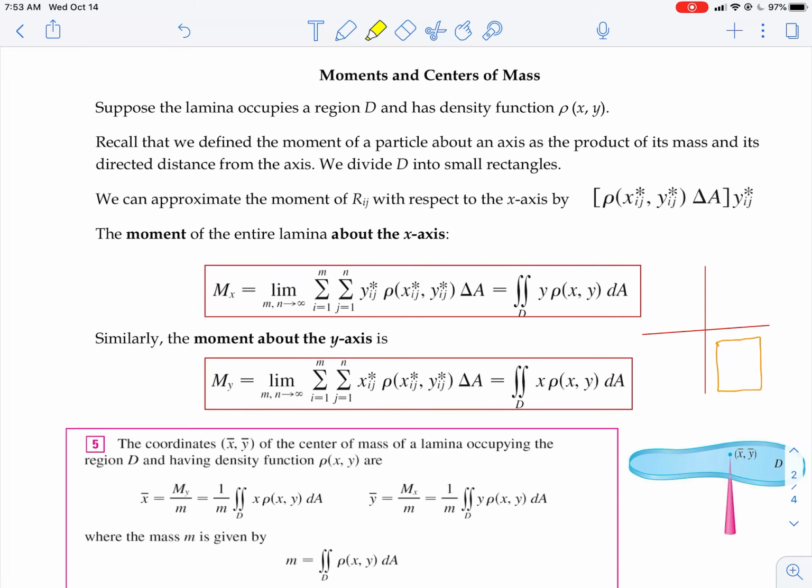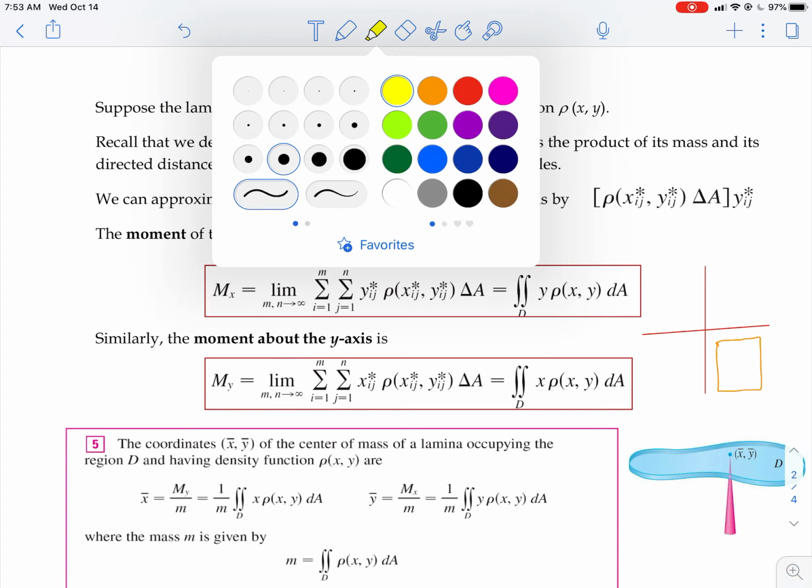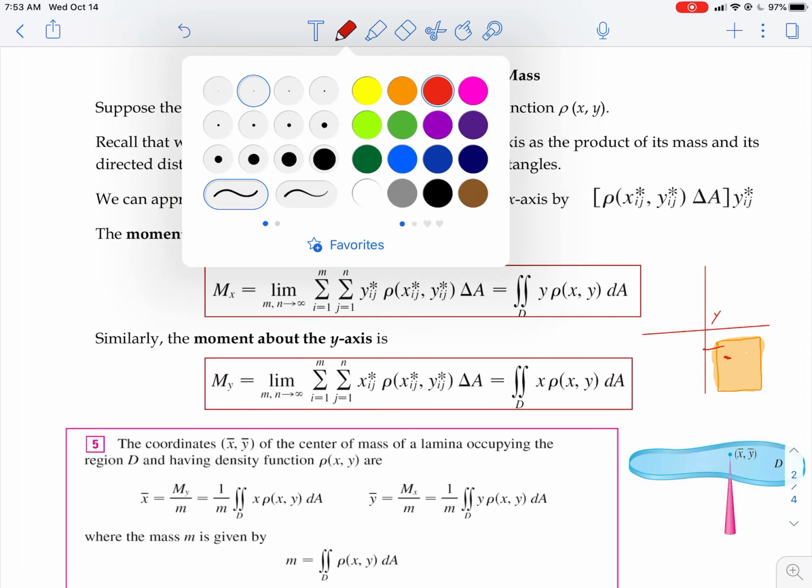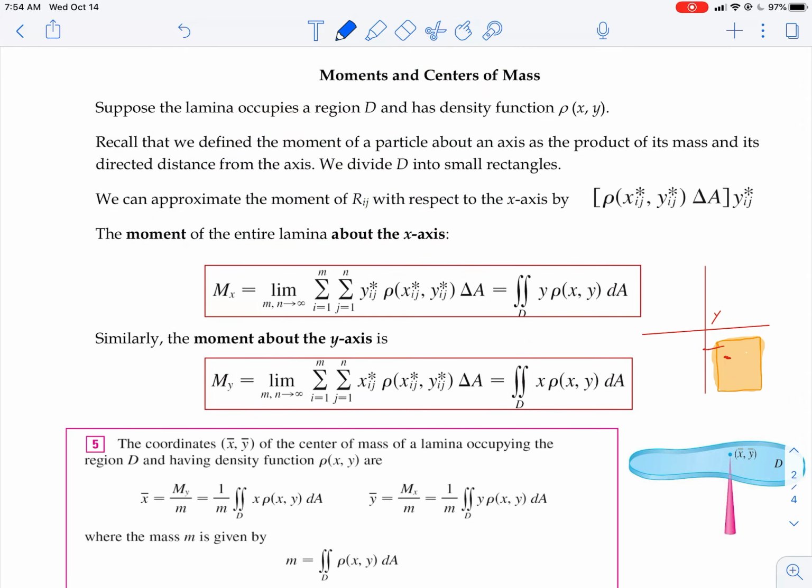Given our region, if I want to find a moment about the x-axis, we're rotating this about the x-axis. That means that when we're rotating, what's going to give me that distance is going along the y-axis.